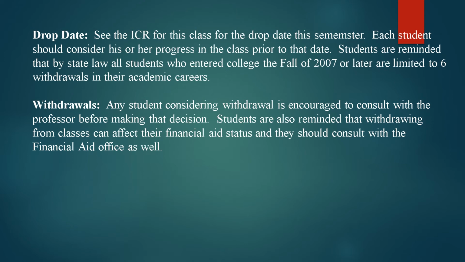You want to go check the official date so that you know when you have to get out of this class. Because here's the reality. The only person who is going to pay a price if you wait too long is you. So checking with some friends and trusting them, probably not the best approach. Checking with me? Well, if I get it wrong, I'm not the one who pays the price, you are. So let's double check it ourselves.